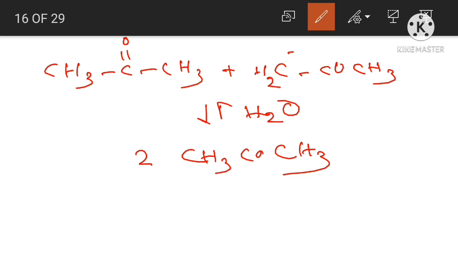Then we have seen some examples of aldol reactions, then the crossed aldol reactions, and ultimately the reverse of aldol, which is called retroaldol reaction. Why is it called retroaldol? Because it is the reverse of the forward aldol reaction. So this is the basic part of the aldol reactions.